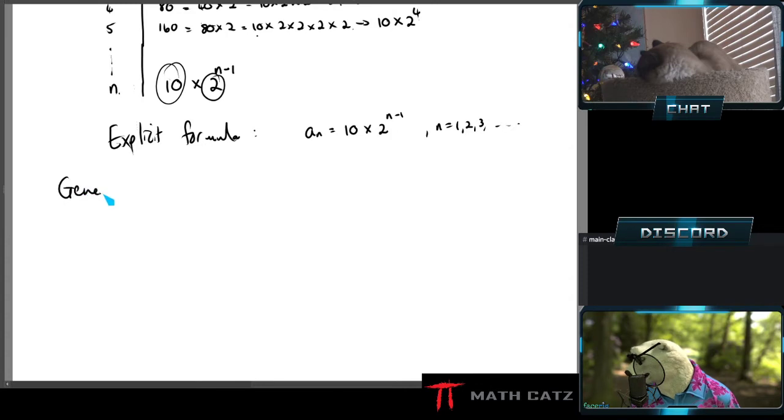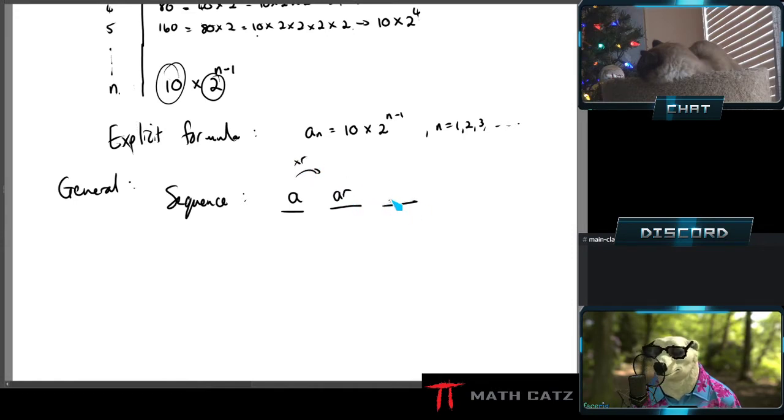So in general, our sequence is going to start with some first term a, and then I'm going to multiply by some number r to get a times r, and then I'm going to multiply by the same, whoops, not 2, r. So then I have a times r squared, multiply by r again.